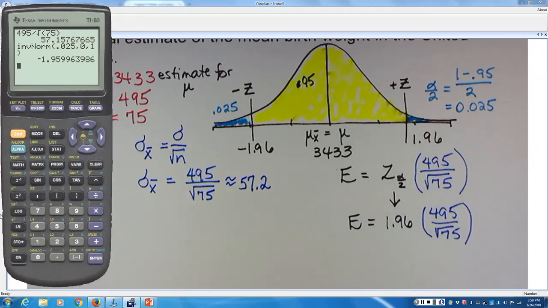And since I've got that on my calculator already, with my value of z up there, I can just multiply times, in parentheses, 495 divided by the square root of 75, and there won't be any round off error.